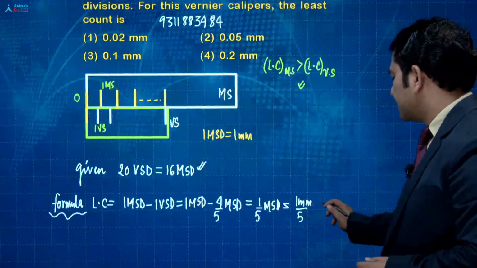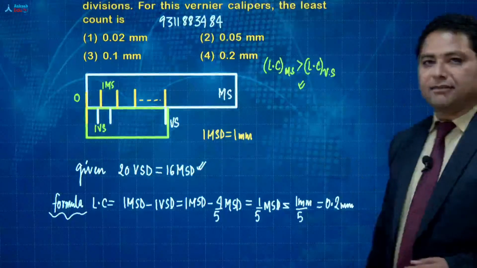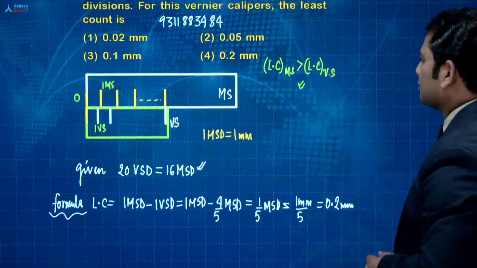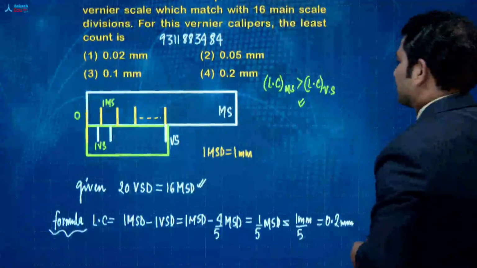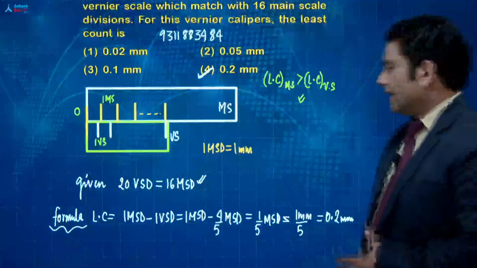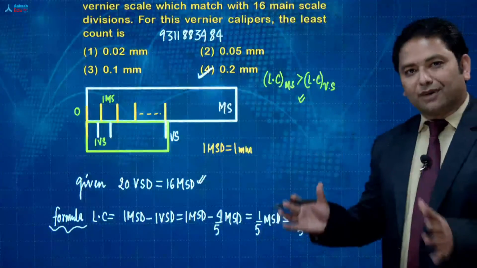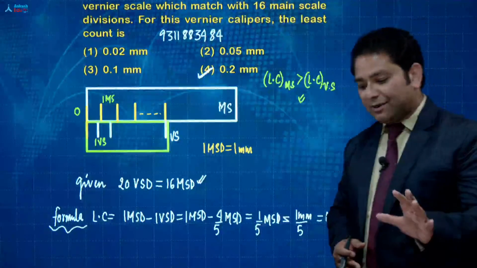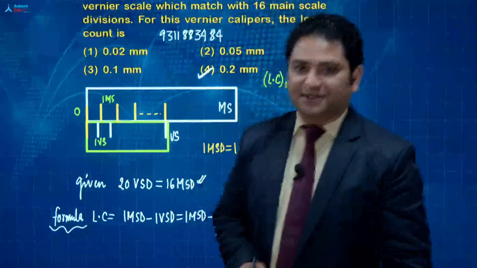So this comes out to be how much? 0.2 millimeter if my division is correct, or 0.2 millimeter कौन सा option है? 4. So I'm happy majority of the students had ticked option number 4, so that's fine. Now, for those who went for option number 3, it's a right time that you rectify it, okay? It's never a problem. Mistakes are never a problem. They are the lessons for future discussion.